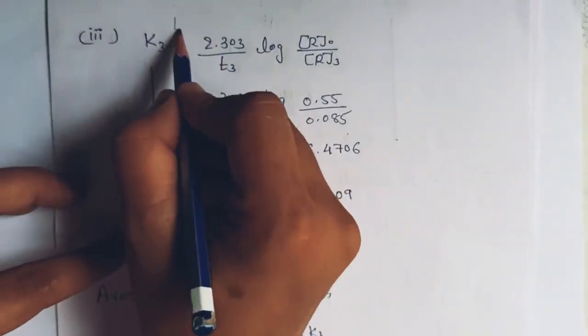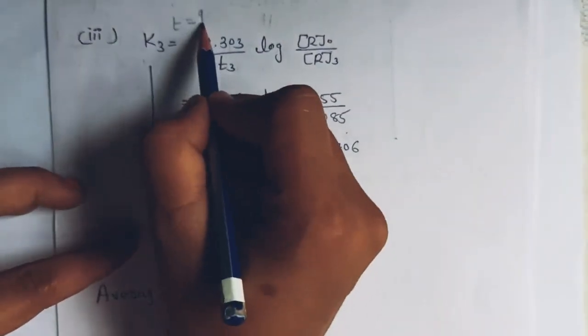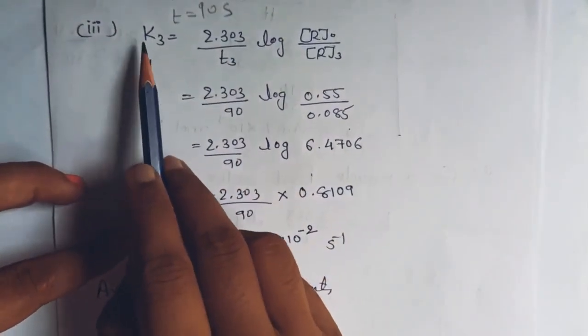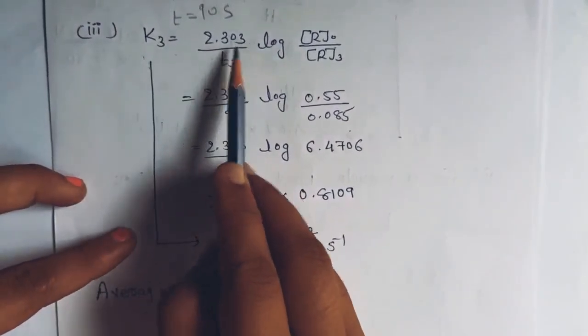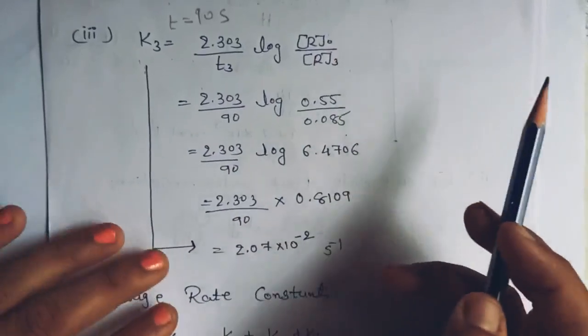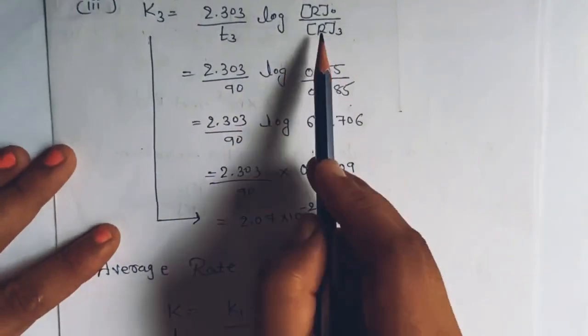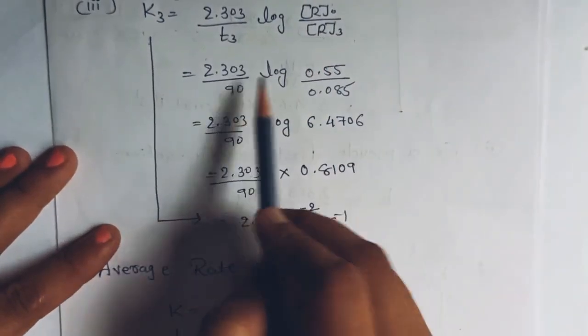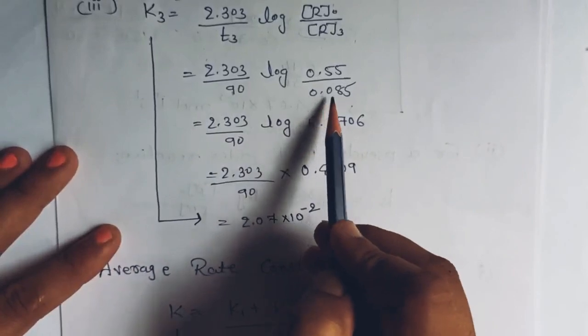Similarly, you can calculate the K3, right? Here you have to take time equal to 90 second, right? So our formula will be K3 equal to 2.303 by T3 log R naught by R3, right? Here you have to take the concentration of ester at the 90 second, which is 0.085.